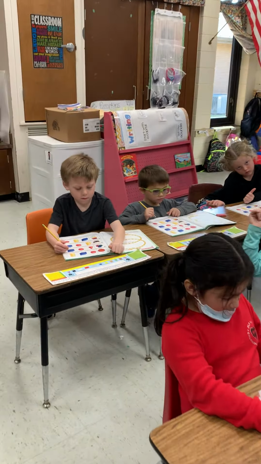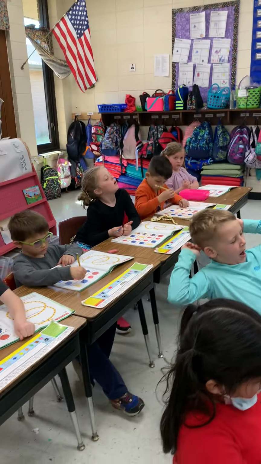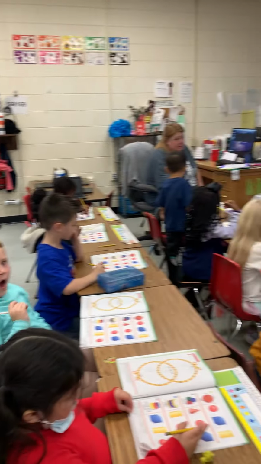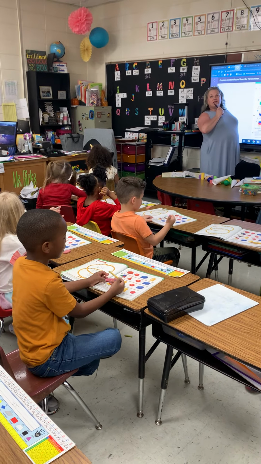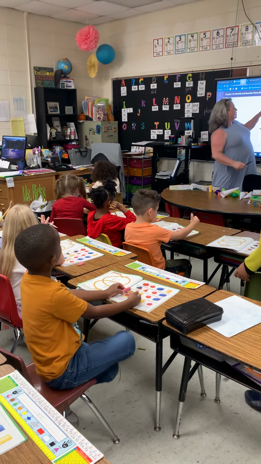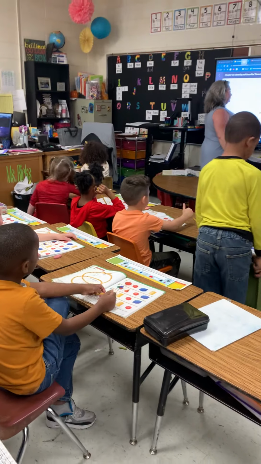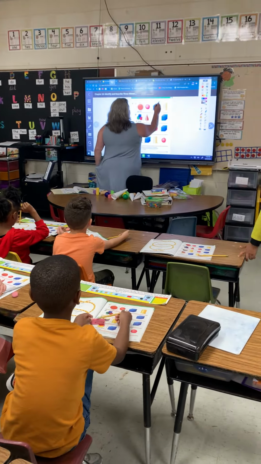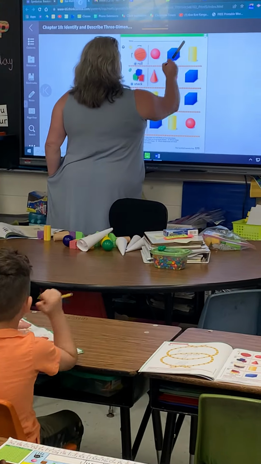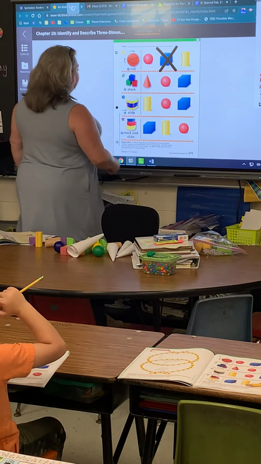So which shape does not roll in number 2, Corbin? What do you put for number 2? Which shape does not roll? Well, it's a cube. So we're going to put an X on that.